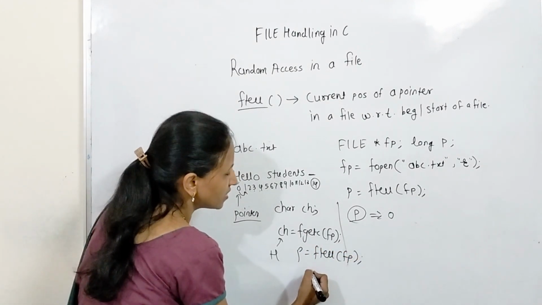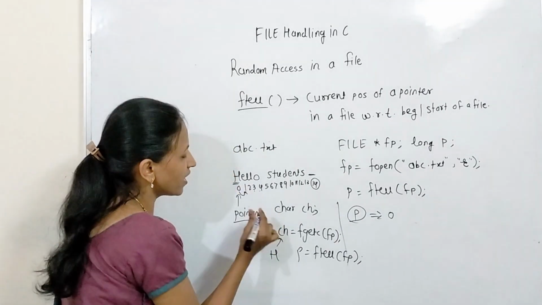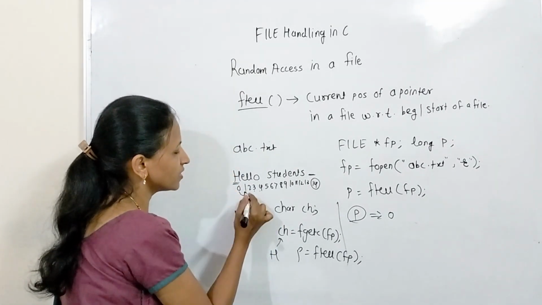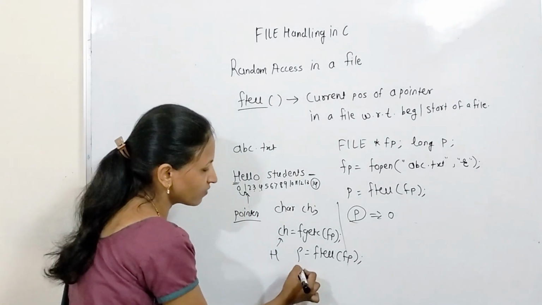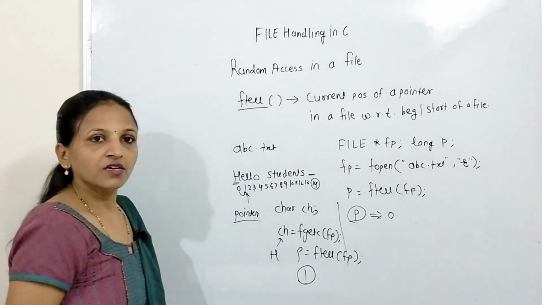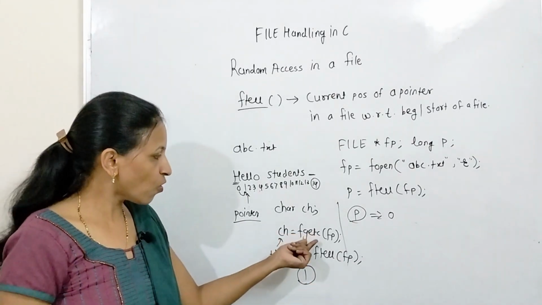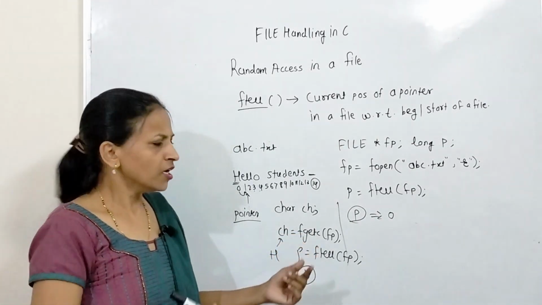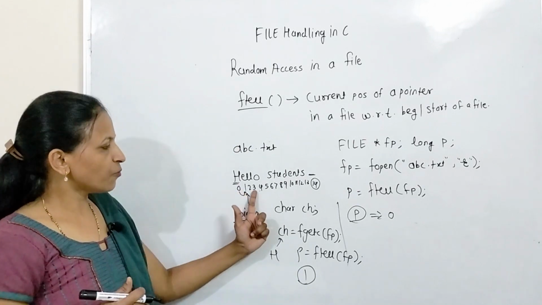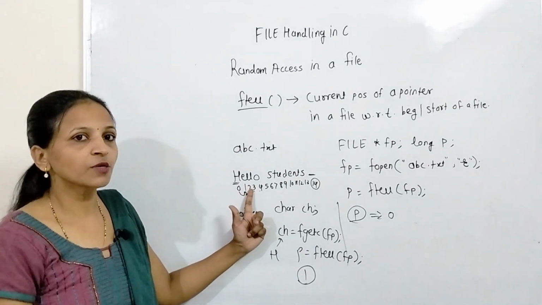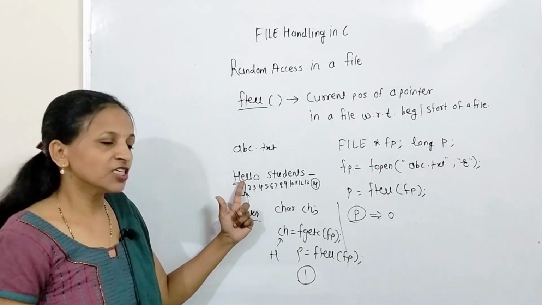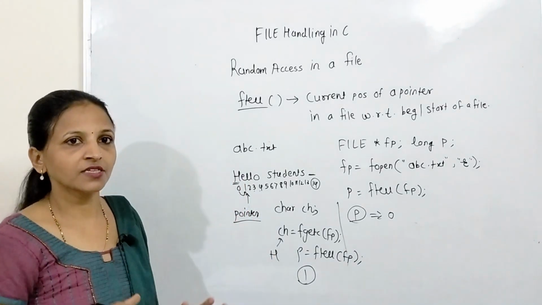I will get value 1, because now the file pointer is at this position, after calling that ftell function, because we have already called the fgetc function. Let me again call fgetc, the file pointer will then be at the second position, and inside ch we will get the e character in this way.